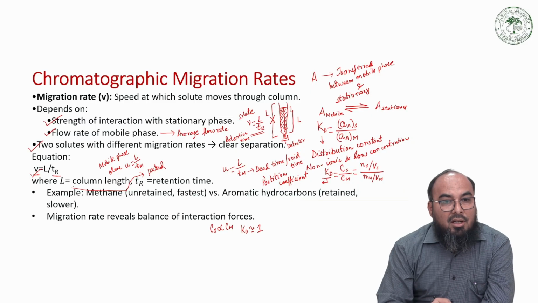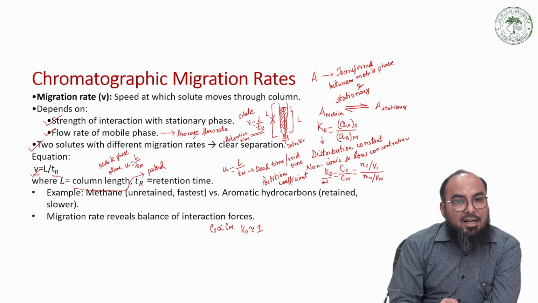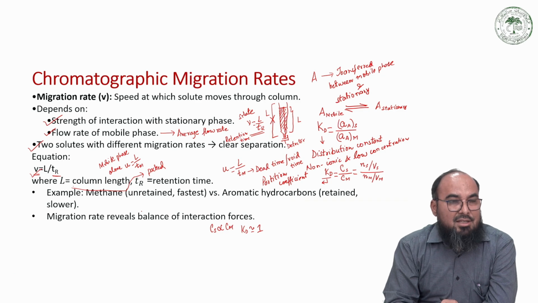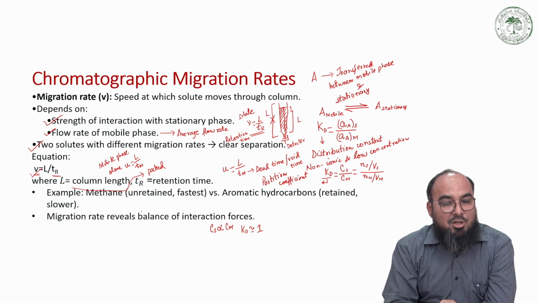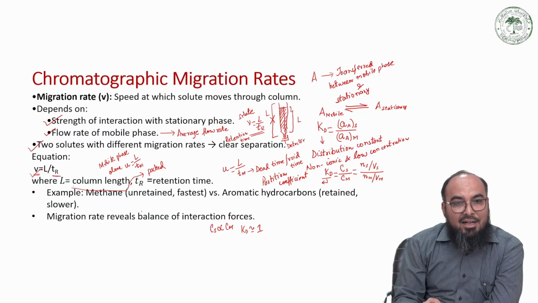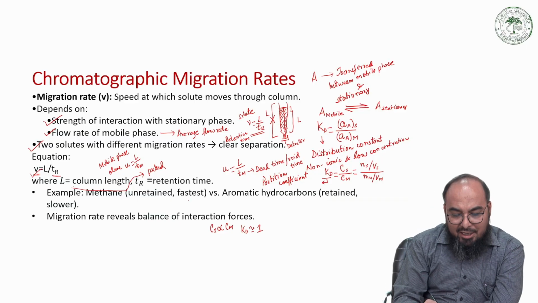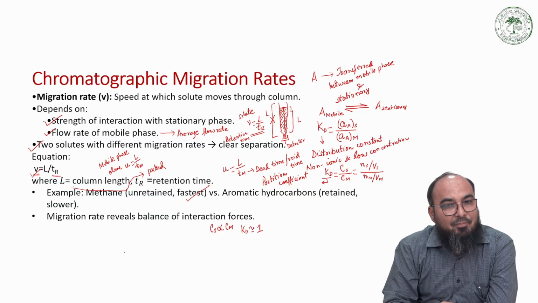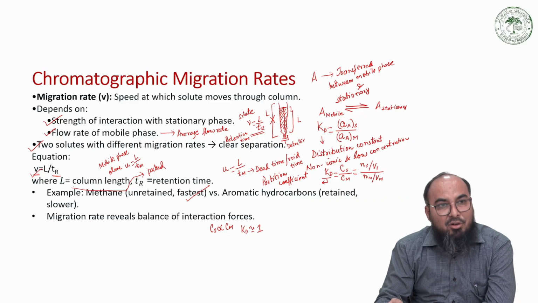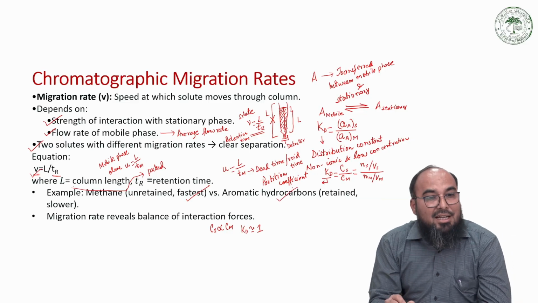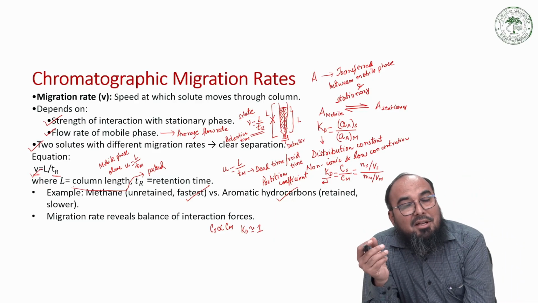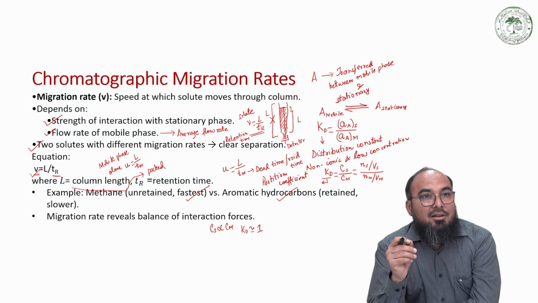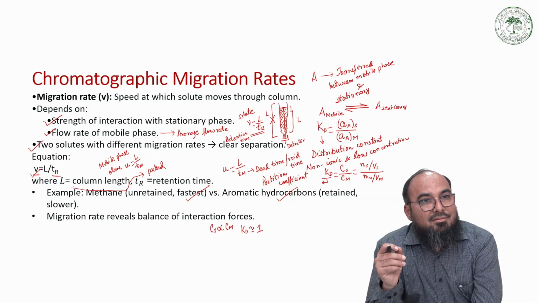Now we have also given an example: if we pass methane, it does not have any interaction with the stationary phase, and that is why it has zero retention and it elutes very fast. While if we have some aromatic hydrocarbon which is polar in nature, it is going to be retained. Retained means it is going to have some interaction, and that interaction gives you TR.